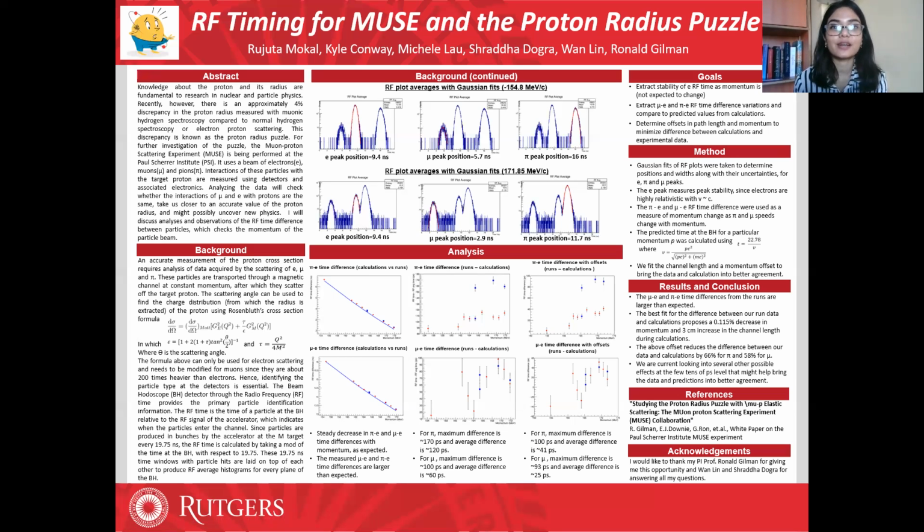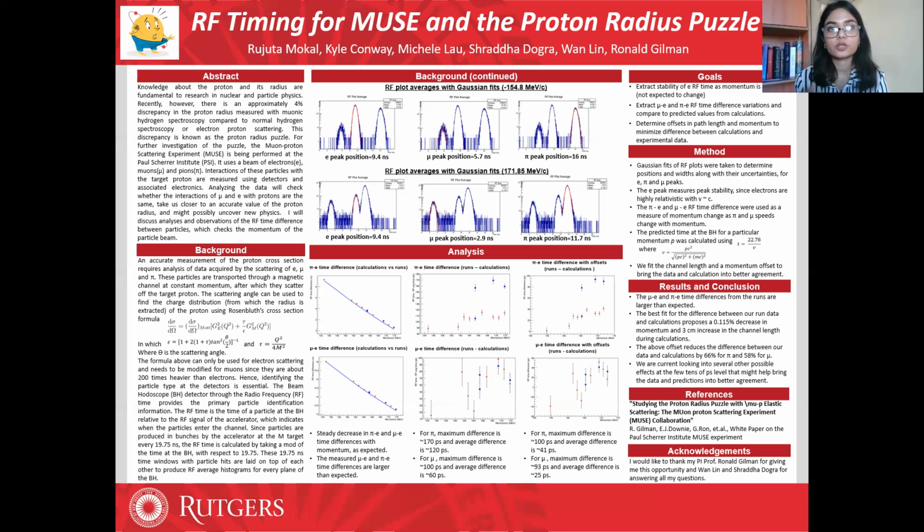After analyzing my plots, I tried to draw three major conclusions. The first conclusion was that the muon electron and pion electron time differences that we get from our runs are larger than what we expect them to be. The second conclusion was that the offsets that I applied seem to be doing pretty well, since they reduce our differences by 66% for pions and 58% for muons.